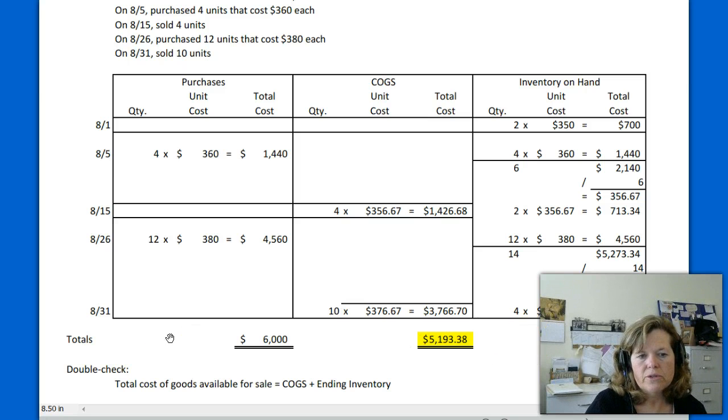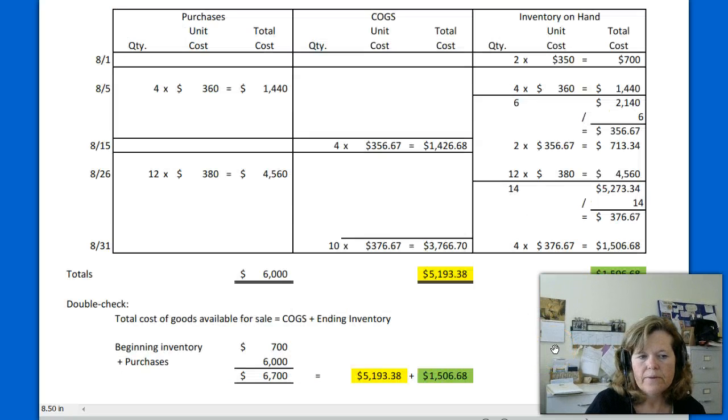So I get here to the end of the month. I had $6,000 in purchases. I had cost of goods sold for the month of $5,193.38. That's the total of the cost of goods sold on the 15th and the 31st. And then over here for my inventory on hand, it's what I have on hand at the end of the month.